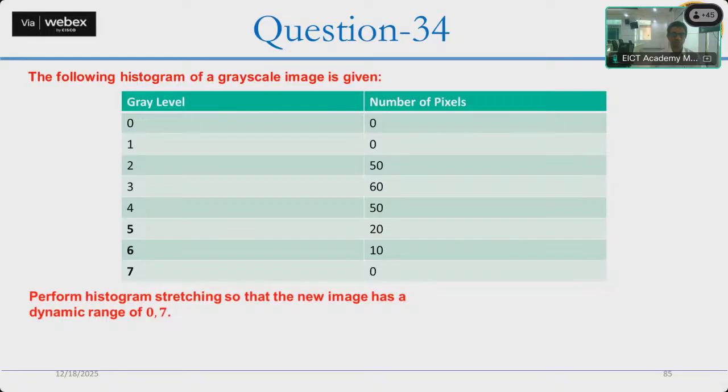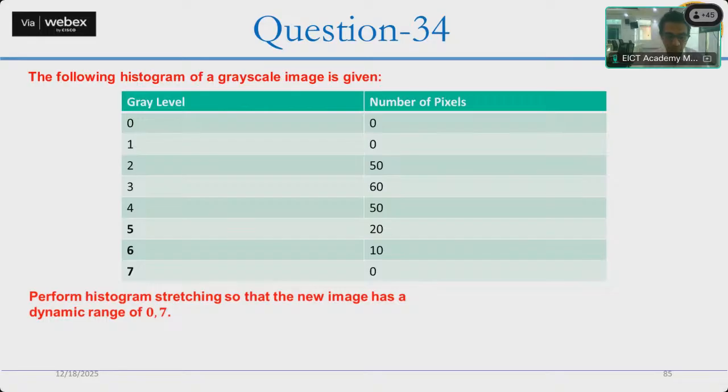Finally, we are aware of the algorithm, and of the function that we need to write in our program, or we can call that function if it is already available. So how will you perform the histogram stretching?